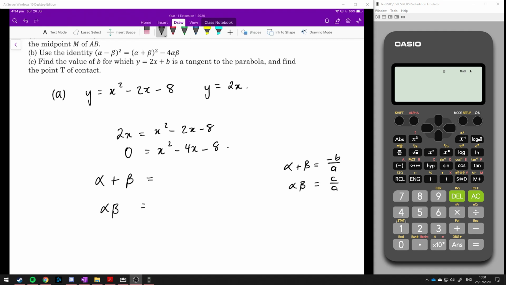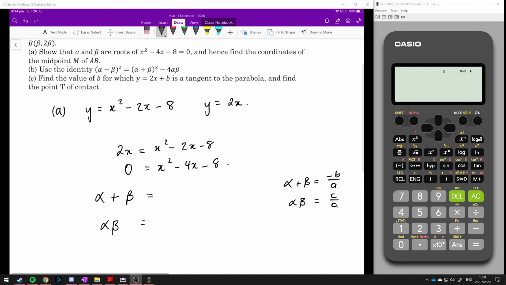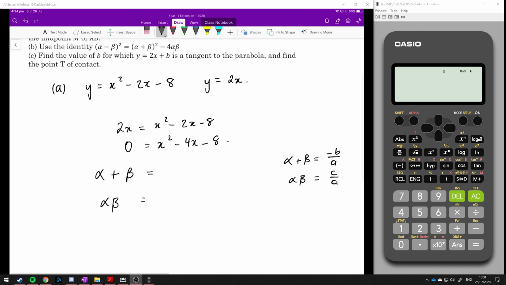The sum of the roots is minus b over a, which gives us 4, because minus minus 4 over 1 is 4, and the product is minus 8 over 1, so it's just minus 8. Now we can take the average of the two roots, the halfway point, and that will give us the x value for our midpoint.